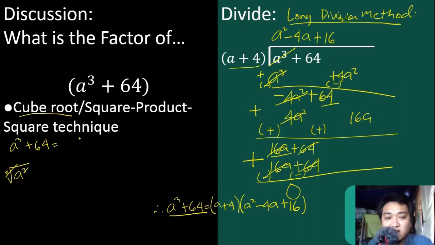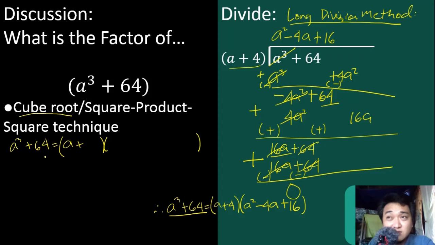The cube root of a cube is a. Plus, kopyahin natin yung sign niya. Alam naman natin na yung magiging sagot niya is a binomial and a trinomial. So, automatic, we will have here a binomial and a trinomial.